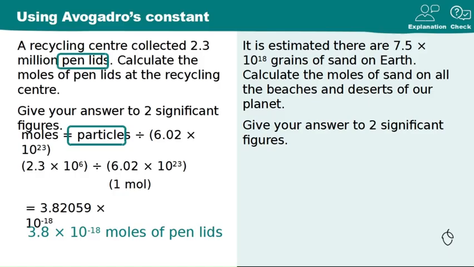If we did another one, it is estimated that there are 7.5 times 10 to the 18 grains of sand on Earth. Calculate the moles of sand on all beaches and deserts of our planet. Give your answer to 2 significant figures. And so we know that the moles is equal to the particles divided by Avogadro's constant.